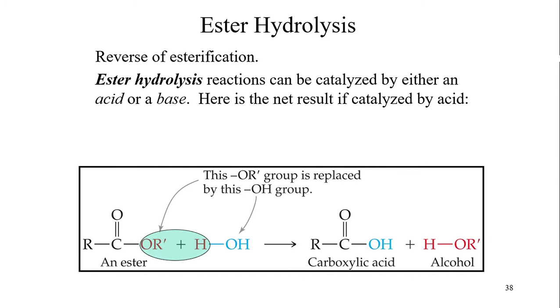In this case, the OR portion of the ester and one hydrogen of water are going to recombine to give us the alcohol, and then the carboxylic acid is going to be left behind. In the presence of acid, the carboxylic acid, of course, because of Le Chatelier, remains unionized.